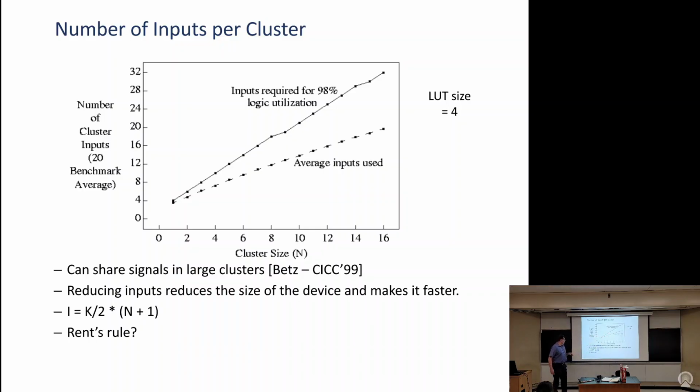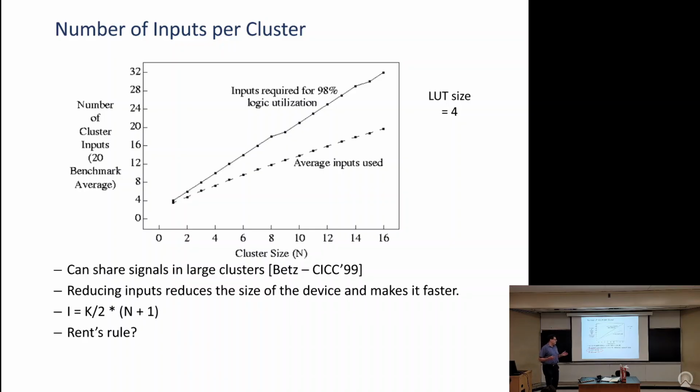And what this paper found, which they rely on, is that the number of inputs you need is basically about half, right? So I actually have kN LUT inputs if I have N k-LUTs. And this paper showed that you could pack logic blocks pretty much to capacity if you built about half that many inputs coming in from the general routing.